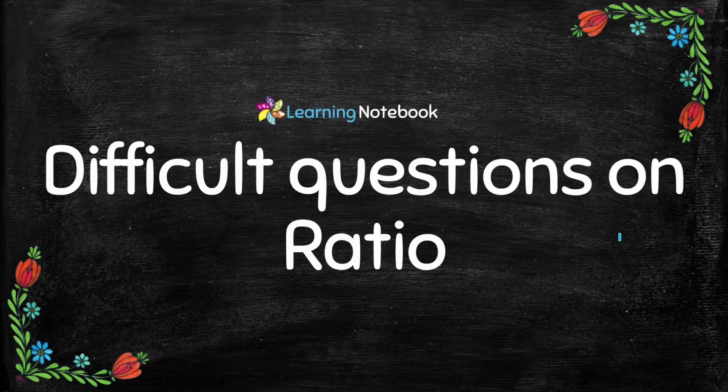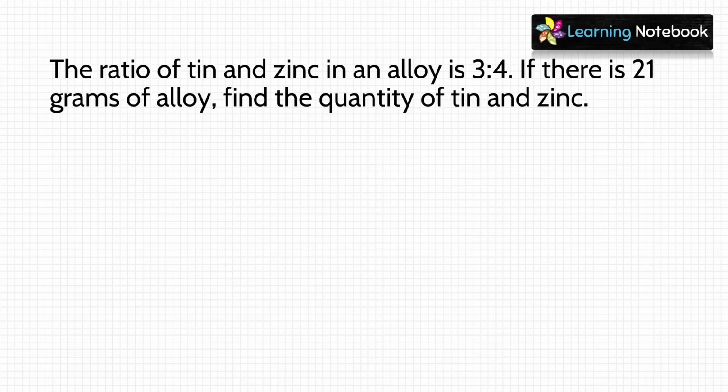Now let's do some difficult questions on ratio. Question is, the ratio of tin and zinc in an alloy is 3:4. If there is 21 grams of alloy, find the quantity of tin and zinc. Now let's see how to solve this question.